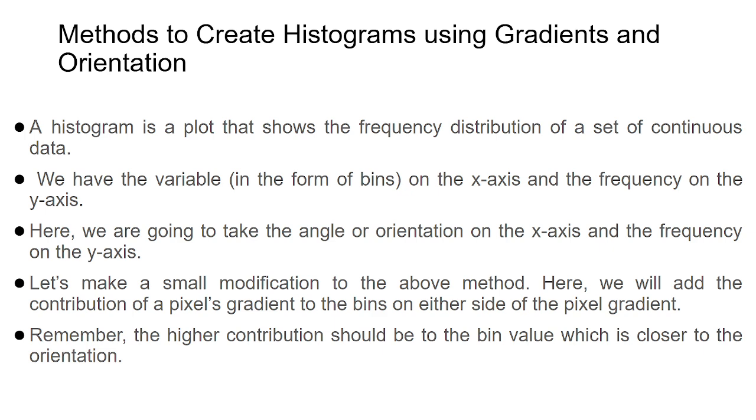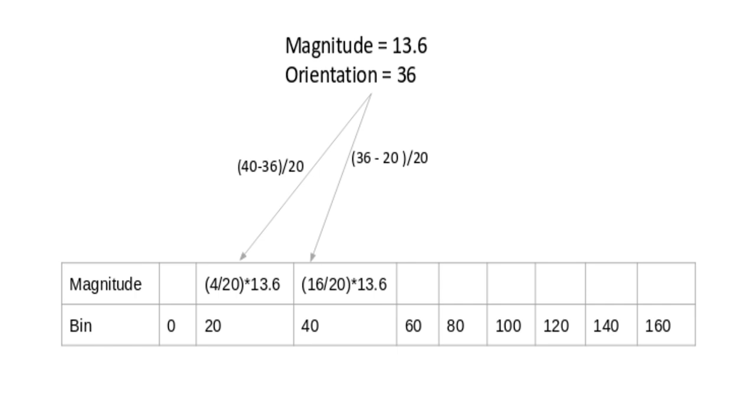Here we need to remember that the higher contribution should go to the bin value that is closer to the orientation. We have already calculated the magnitude, that is 13.6, and the orientation angle, that is 36, and that is represented with the bin.